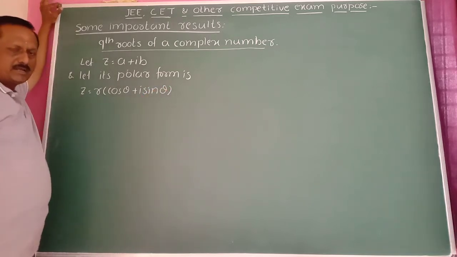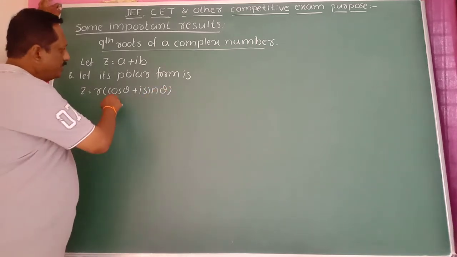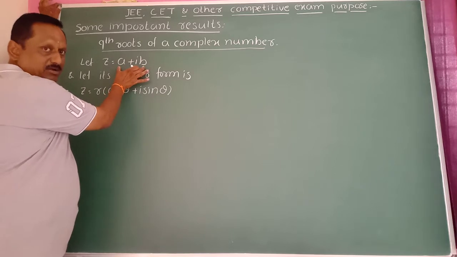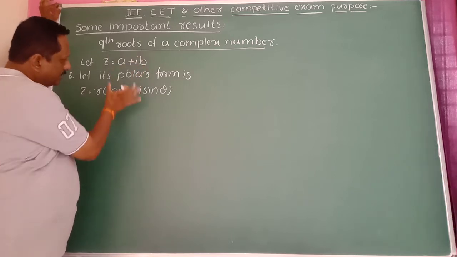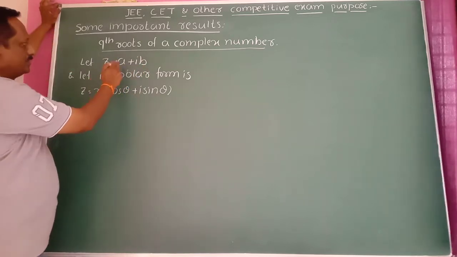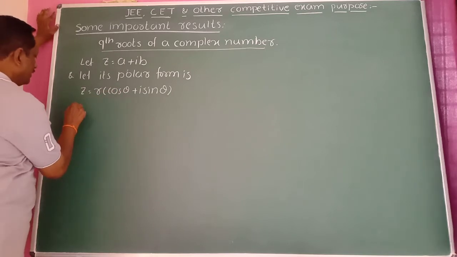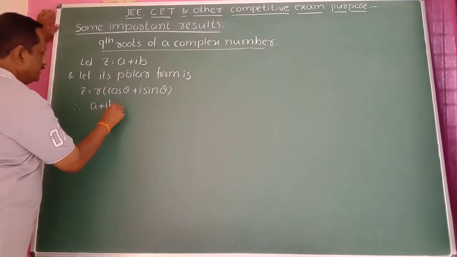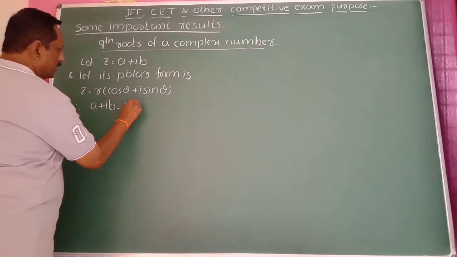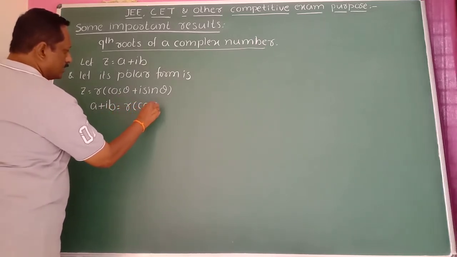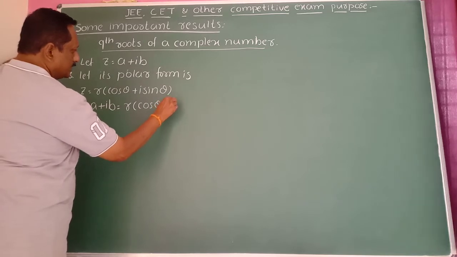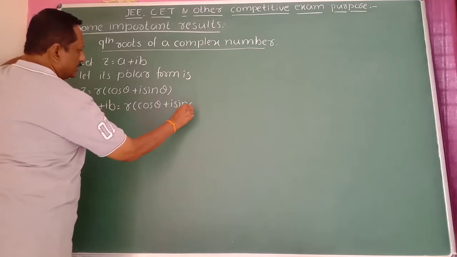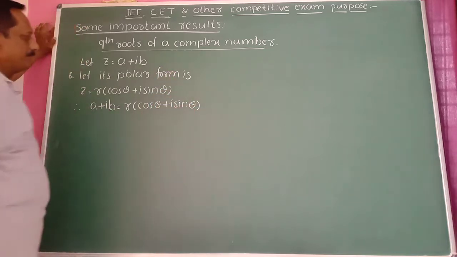Every complex number can be written in the polar form also. Therefore, we can write a plus i b is equal to r into (cos theta plus i sin theta).